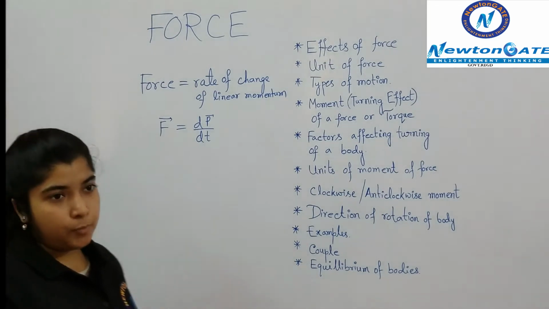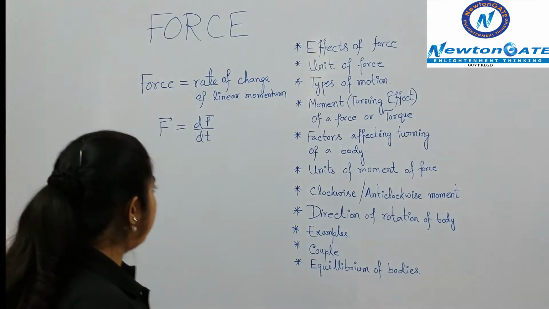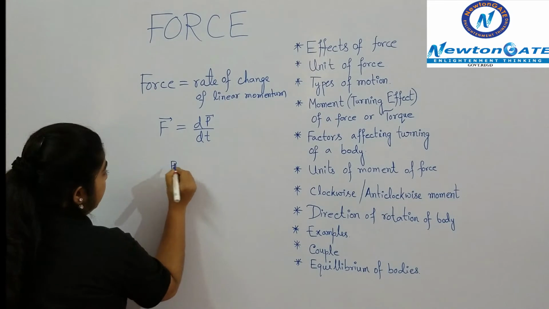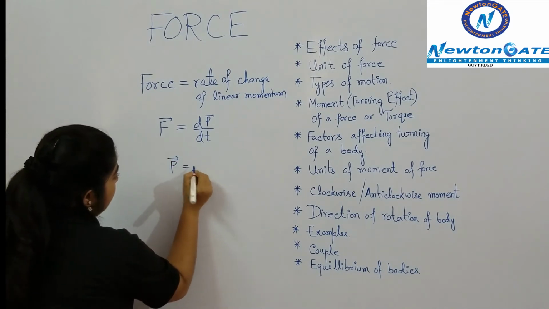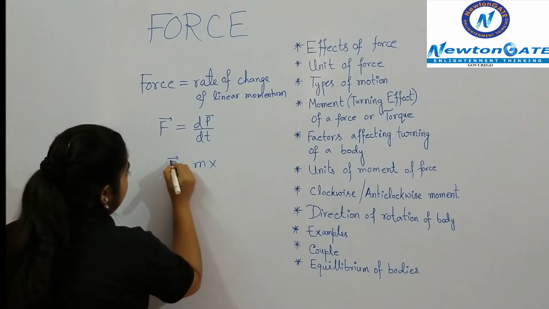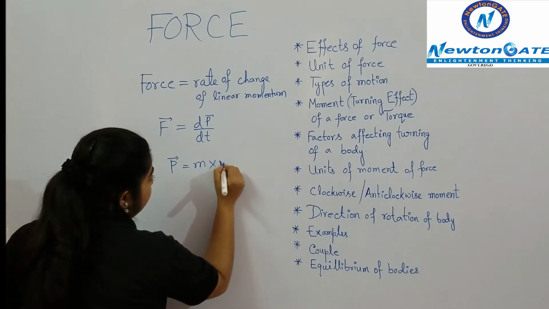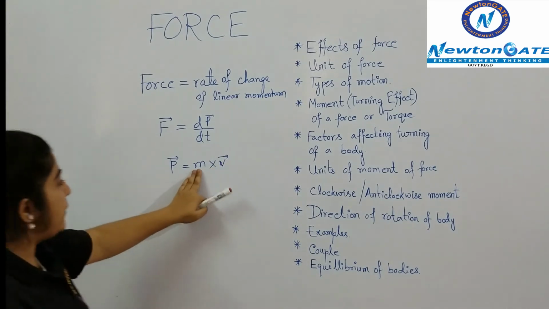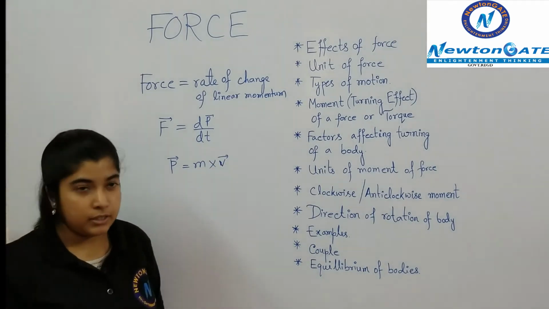And what is linear momentum? Linear momentum P, in the previous class you have learned that P equals m into v, right? Where m is mass, v is velocity.